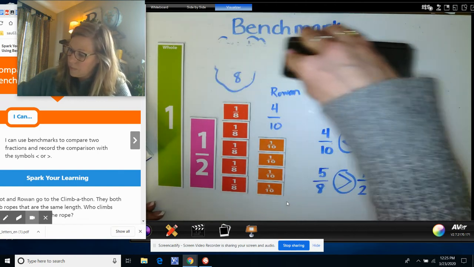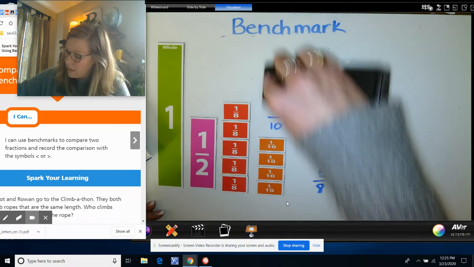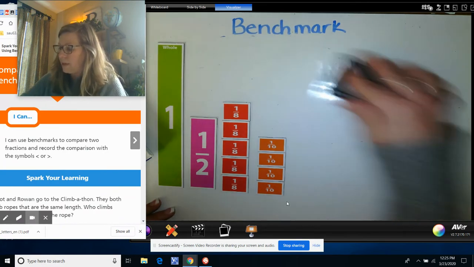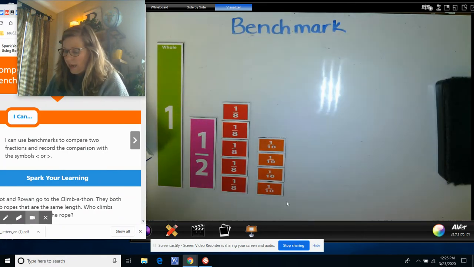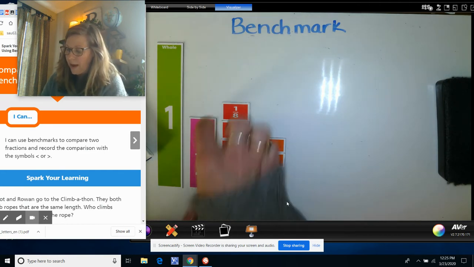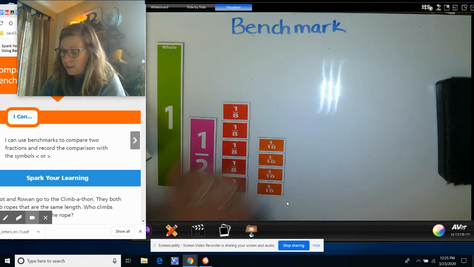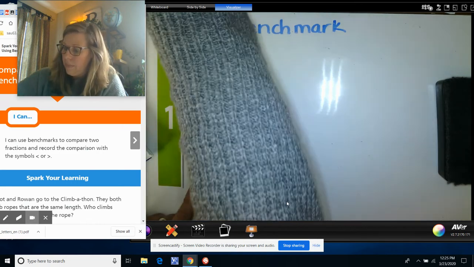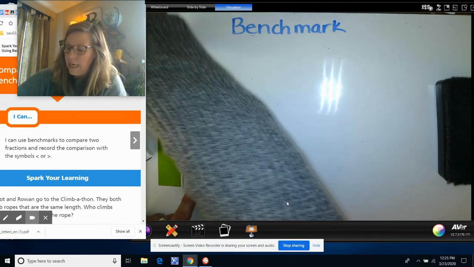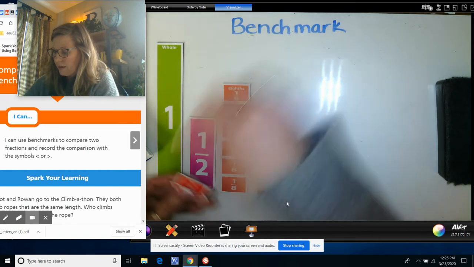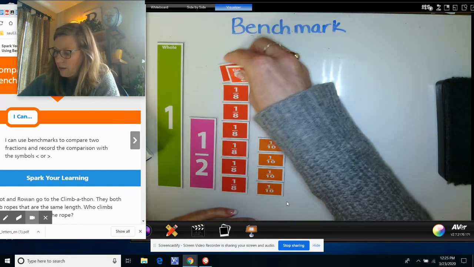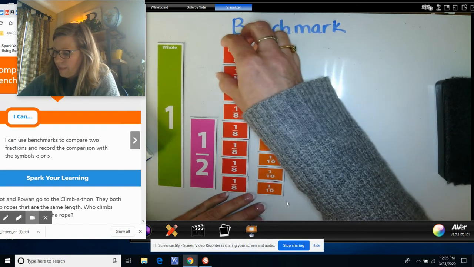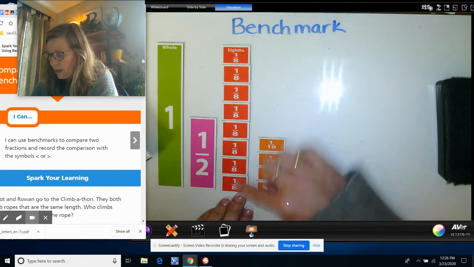I want to show you something as well. Some of you probably have already figured this out in your head. That, well, if 1/2 of 1 is 1/2, that if you were to take, I'm going to put my 8s back here. And you were to take all of your 8s here.